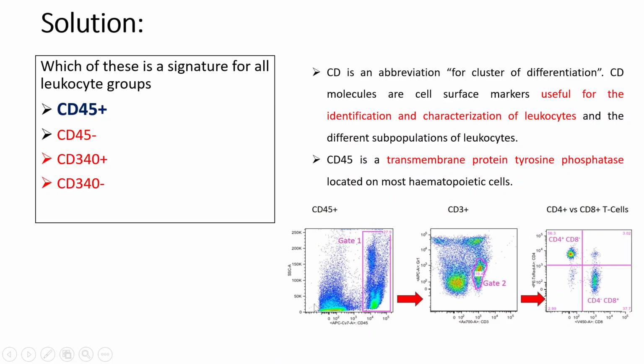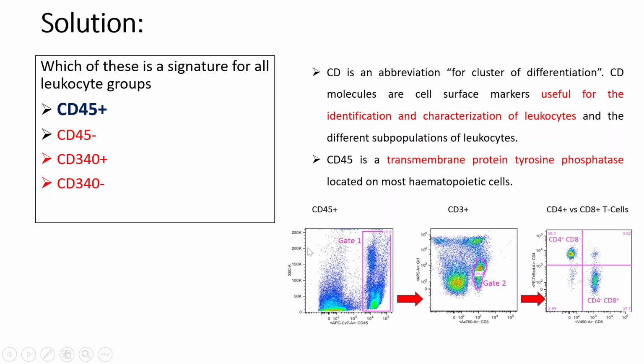CD45 plus means that the cells which bear a CD45 receptor on the surface will show up towards the positive side of the x-axis, this side.